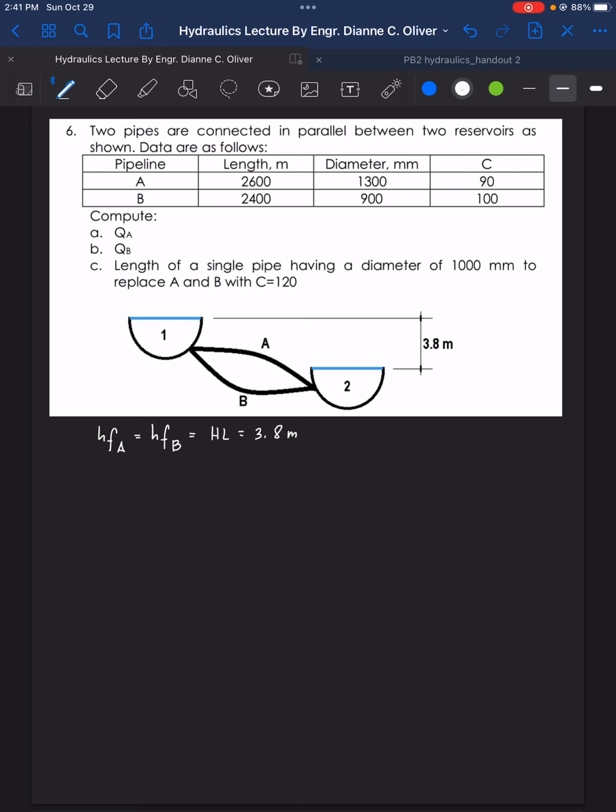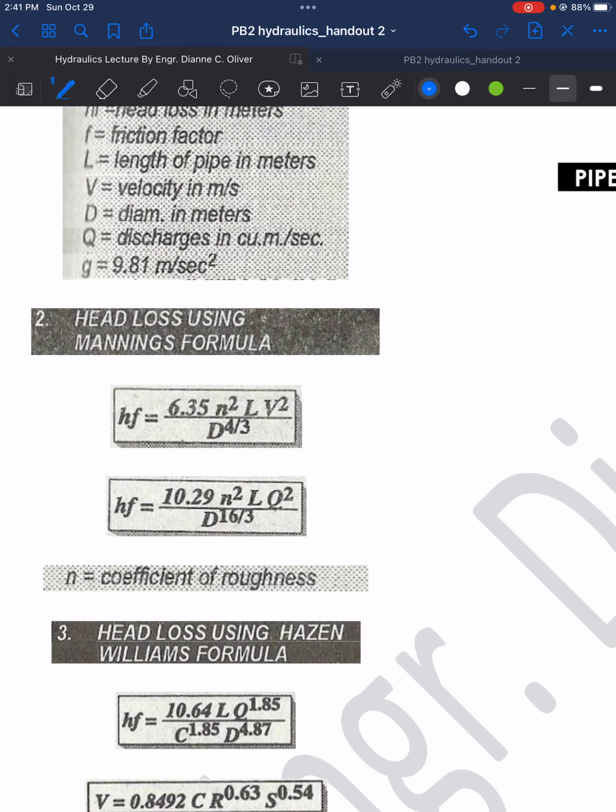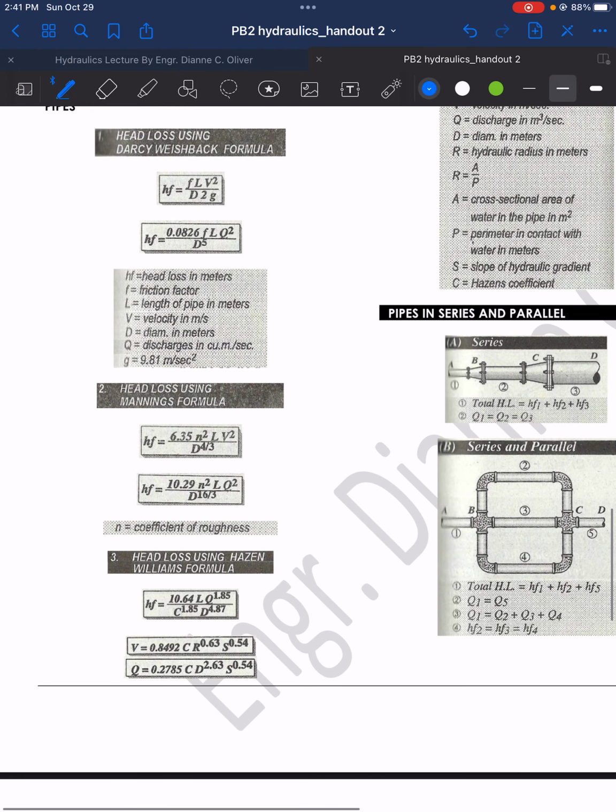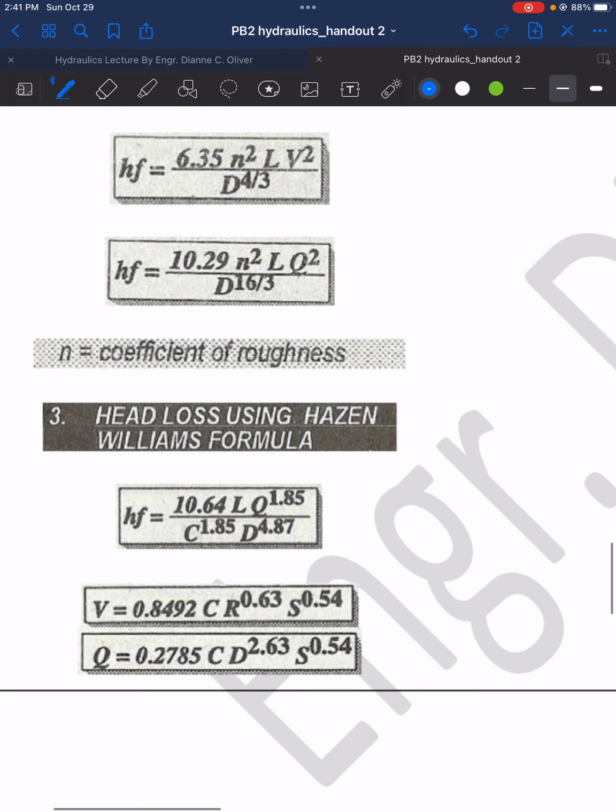Since we are given here the coefficient C, the formula that we're going to use here is the Hazen-Williams formula.